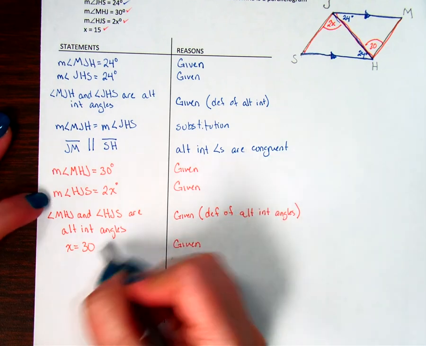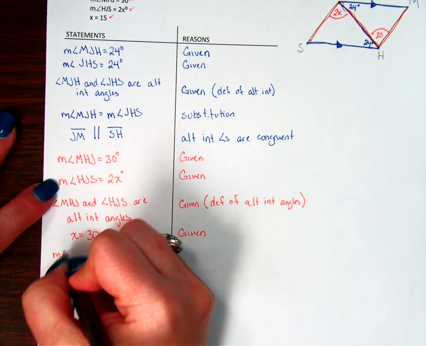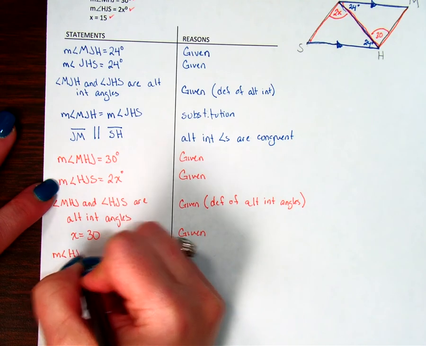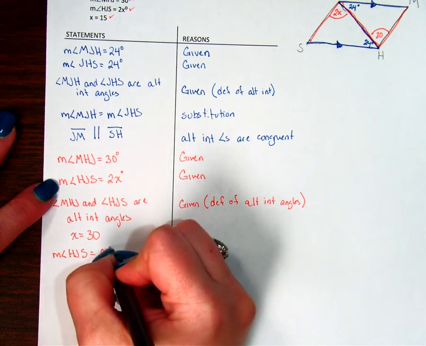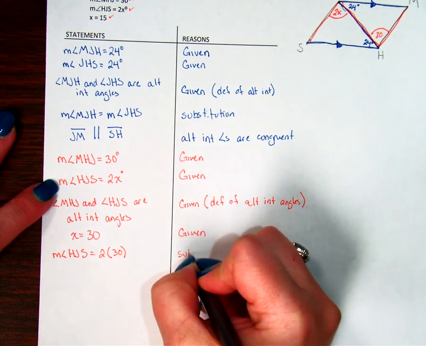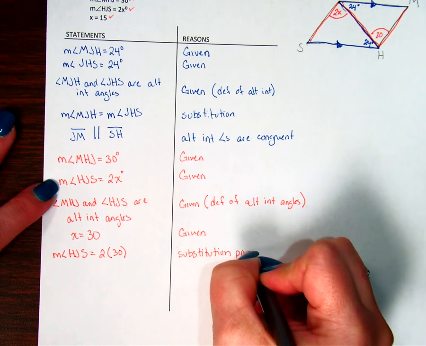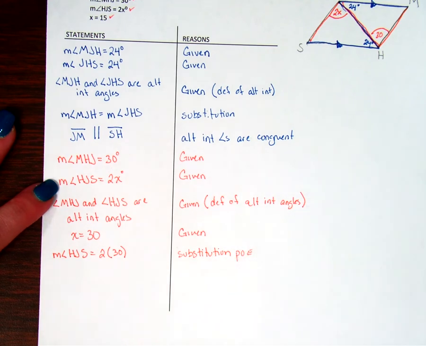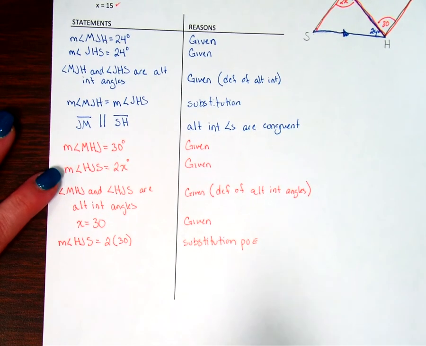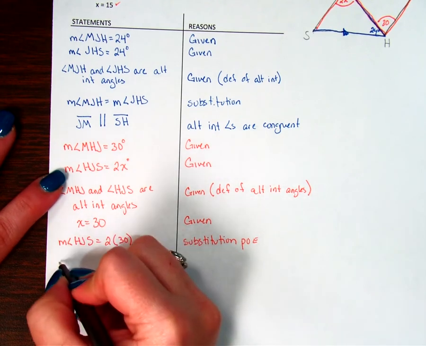So now I can substitute it in to the HJS. Measure of angle HJS equals 2 times 30, substitution property of equality. Okay, and then I can do my simplification and multiply those together.